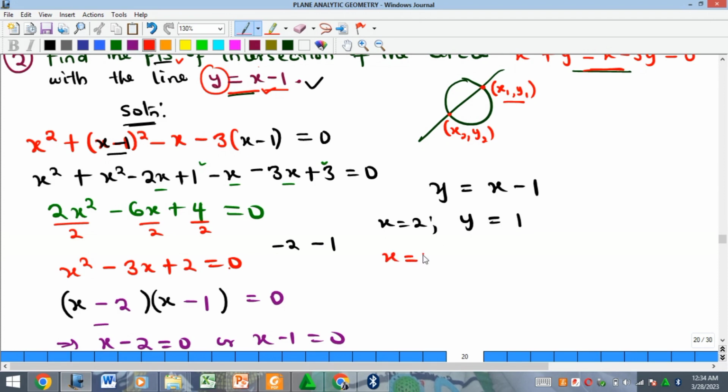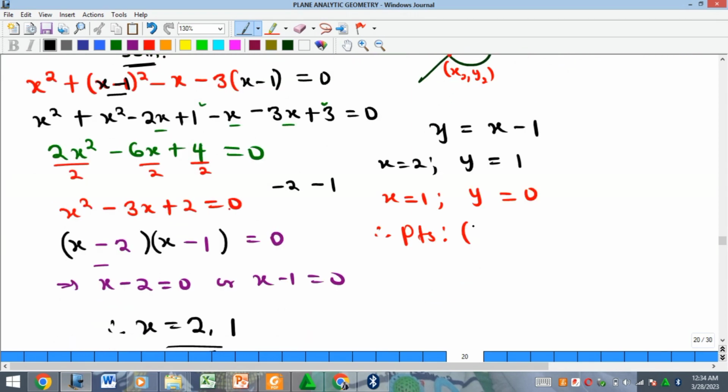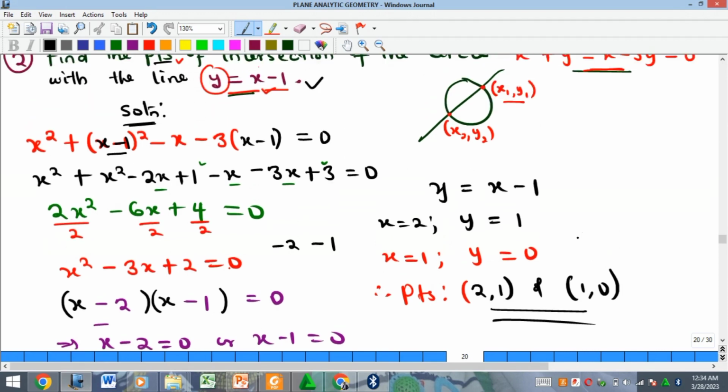And when our x is 1, then our y is 1 minus 1, which is equal to 0. Therefore, the two points we are looking for are: when x is 2, y is 1, and when x is 1, y is equal to 0. These are the two points of intersection of the two equations.